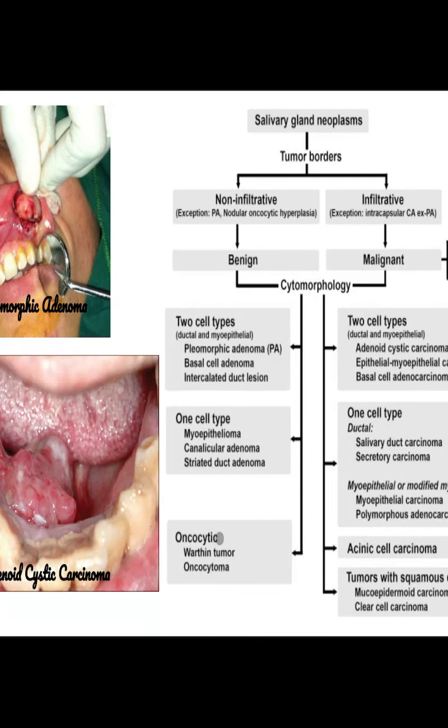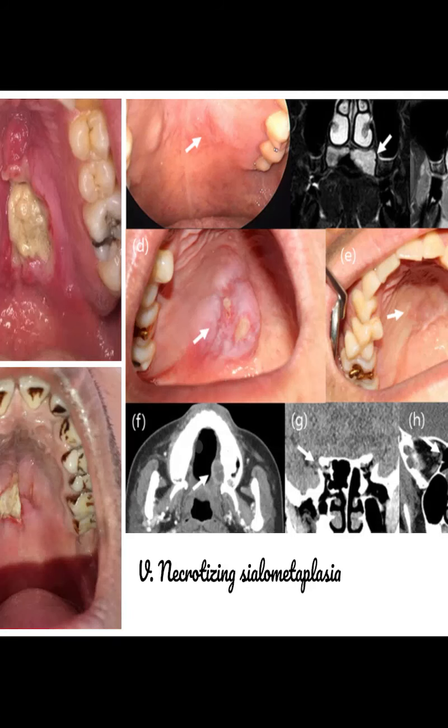We have other cells that fall into these categories, such as basal cell adenoma, and for malignancies, we have basal cell adenocarcinoma. We have necrotizing sialometaplasia, which is the necrosis of the minor salivary glands, normally found in the hard palate.